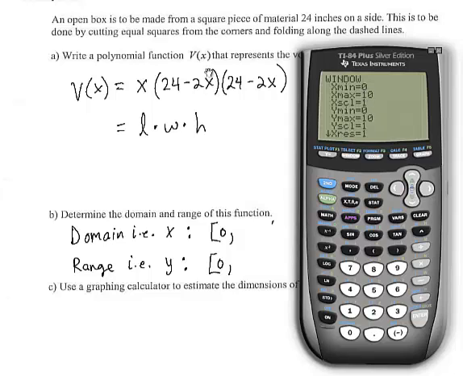But if you think about these other factors, 24 minus 2x, well, if we let x equal 12, multiplying 12 times 2 would give us 24, and then we'd subtract 24 from 24, and therefore our volume would once again be 0. So the upper limit of our x max should be around 12. I'll go a little past that and type 13 into my x max.